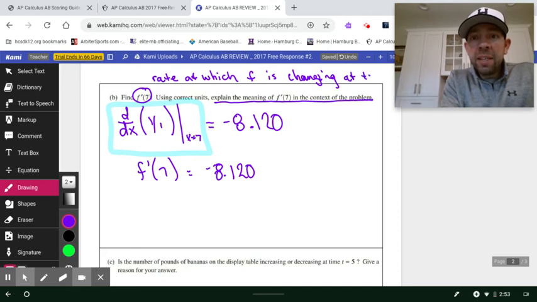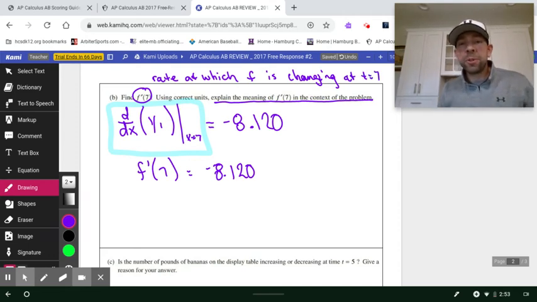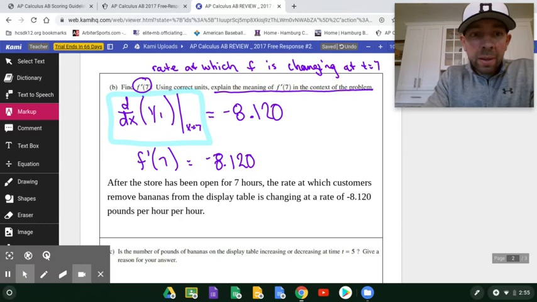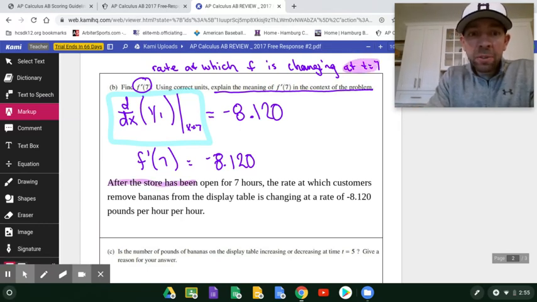at t equals 7. But I want to be a little more specific than that, especially within the context of these bananas we're dealing with. So I'm going to hit pause and try to type in my response here. I said, this at t equals 7 is really saying, after the store has been open for 7 hours, and now I'm basically rewriting the language of f, the rate at which customers remove bananas from the display table.